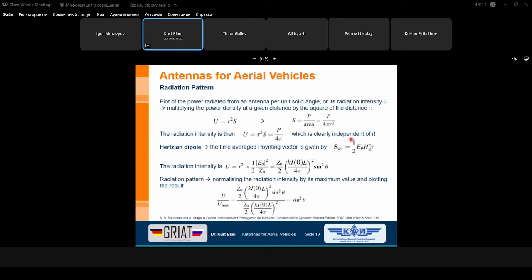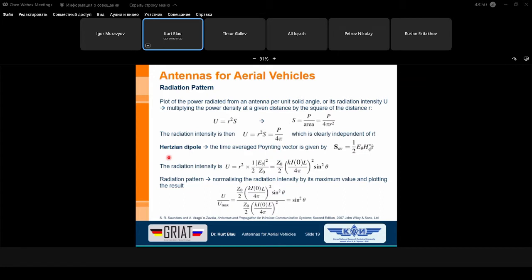This is given by a half product of E theta and the conjugate complex of the magnetic field H phi. We know we only have these two field components, and we can substitute H by the expression of the electrical field strength divided by the wave impedance. We will see it in this next formula.